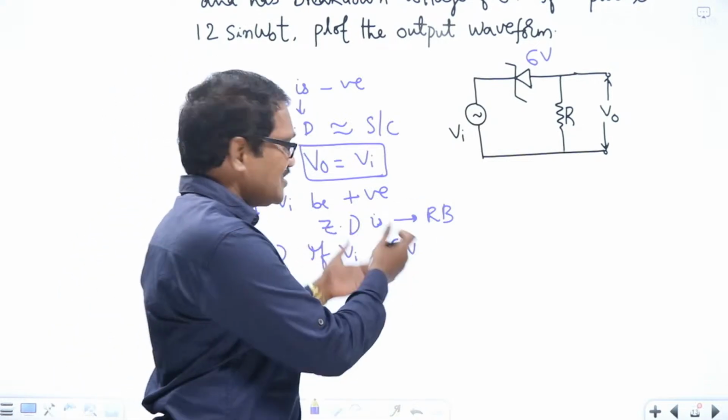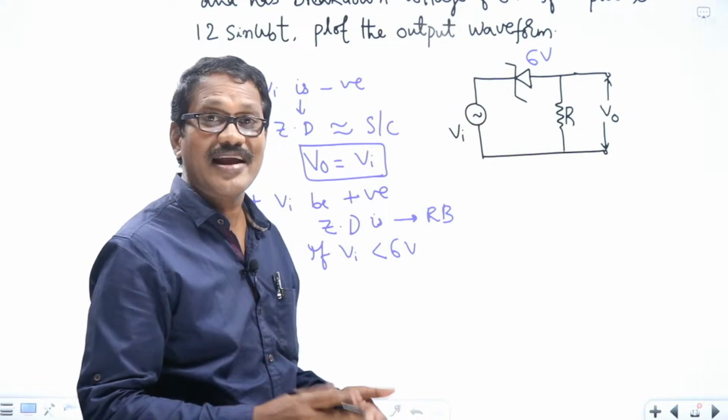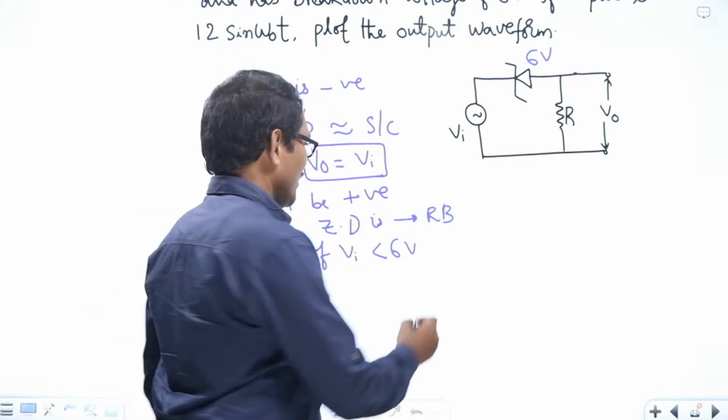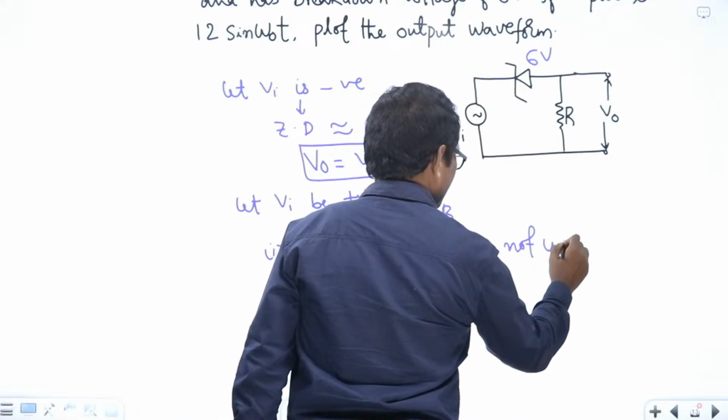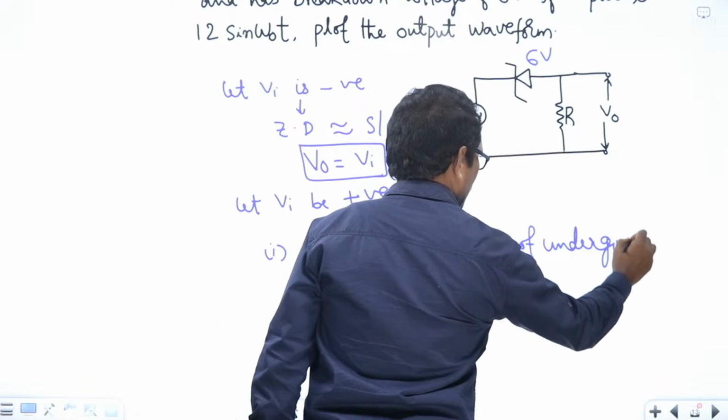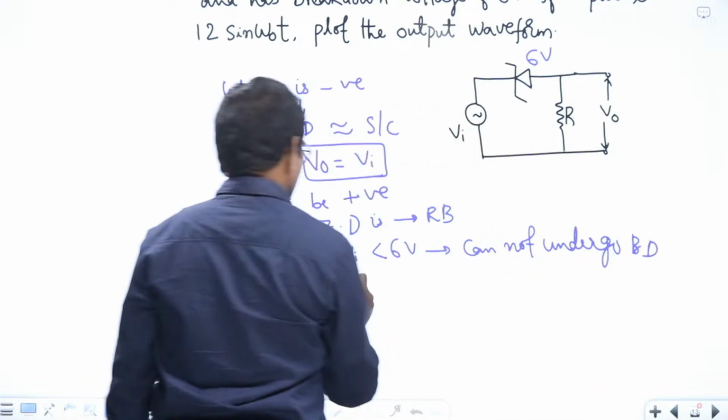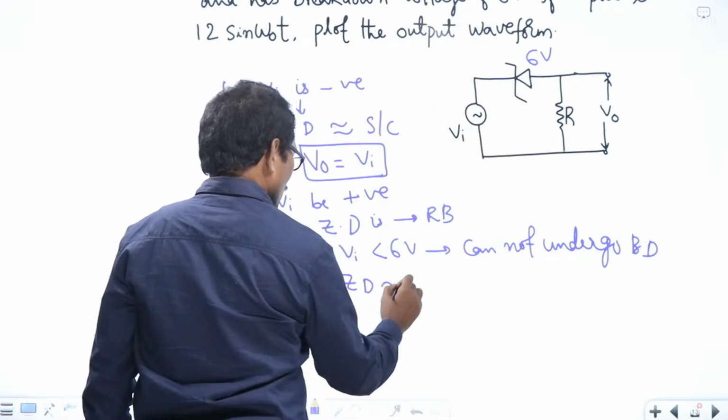Even though the Zener diode is reverse biased, it cannot undergo breakdown. That means it acts as an open circuit.